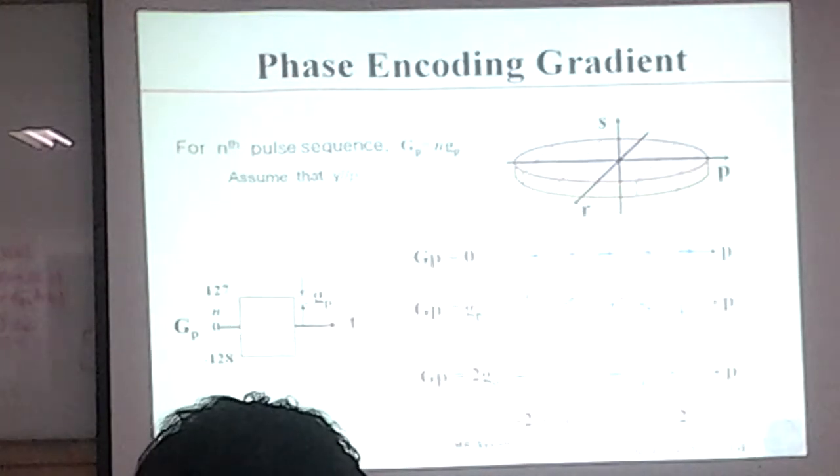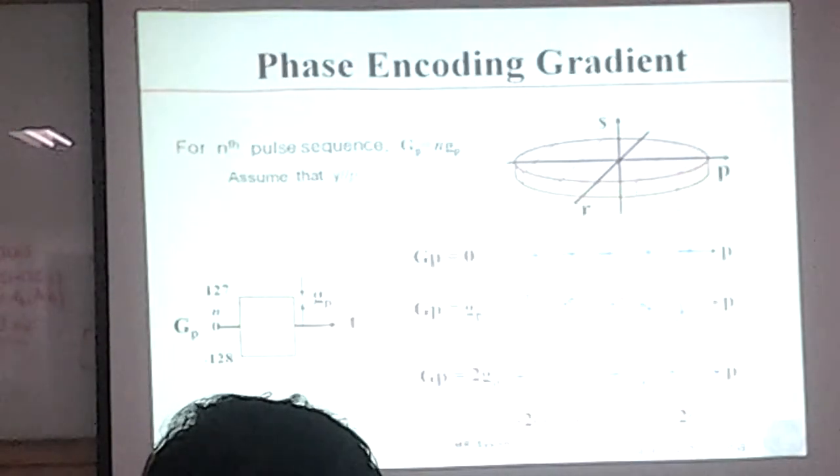For the one-step gradient pulse, that means GP is a small GP, then a linearly varying gradient field is applied like this. That means there are field variations along the P direction.